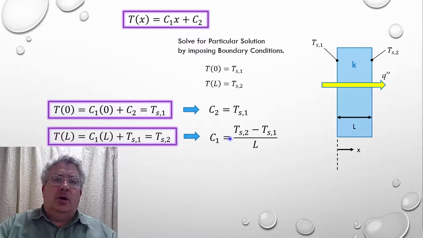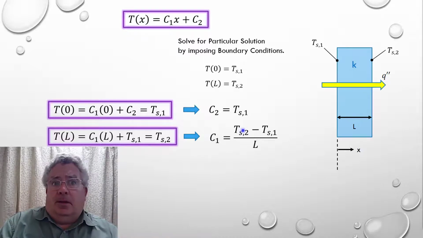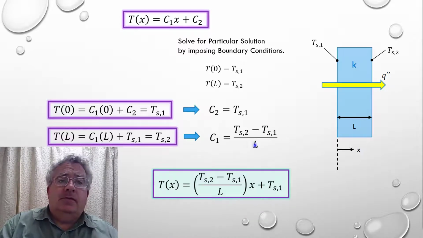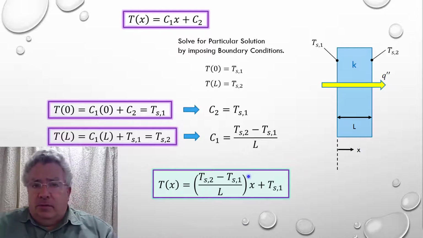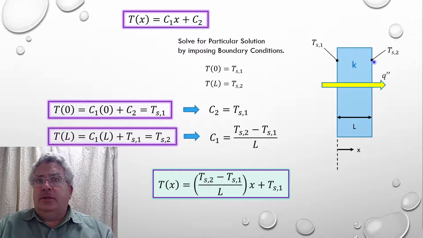That allows us to solve for C1. C1 is going to be a gradient: Ts2 minus Ts1 over L. We take those two constants, put them back into our general solution, and this becomes our particular solution for heat transfer through a slab, a one-dimensional solid object where the walls are being held at different temperatures.